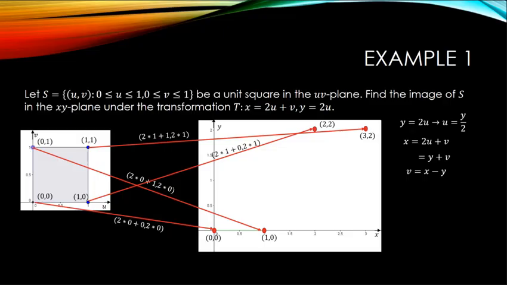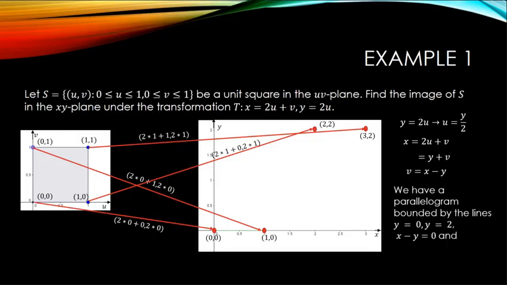In my new region, I have a parallelogram that is bounded by the lines y = 0, y = 2, x - y = 0, and x - y = 1. I can sketch that parallelogram in as a shaded region in my xy plane. This is the image in the xy plane under the transformation T.